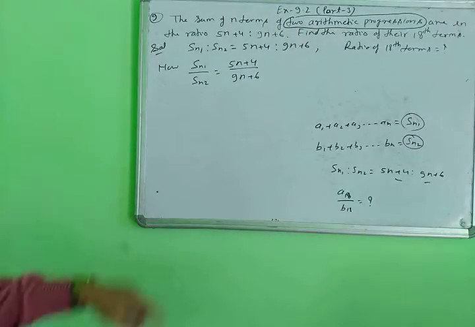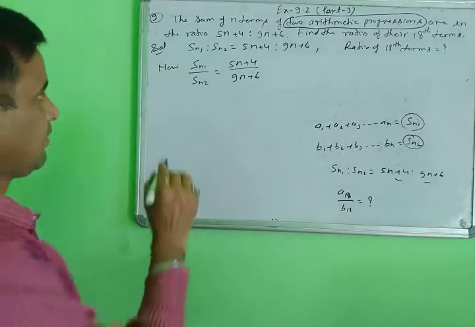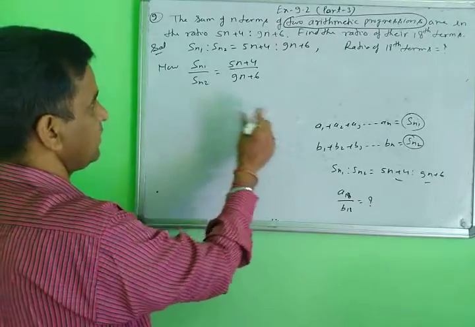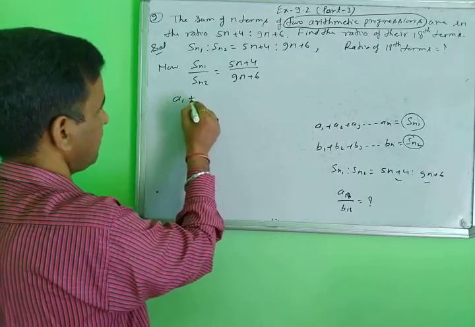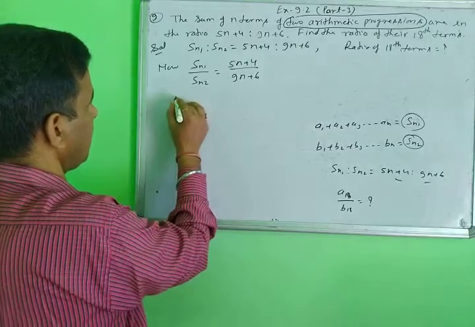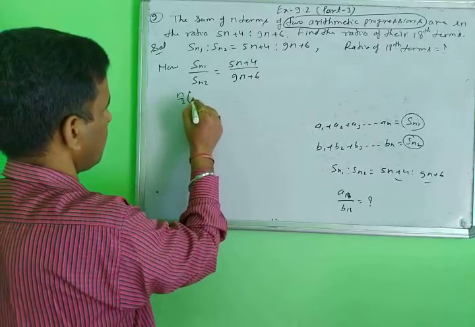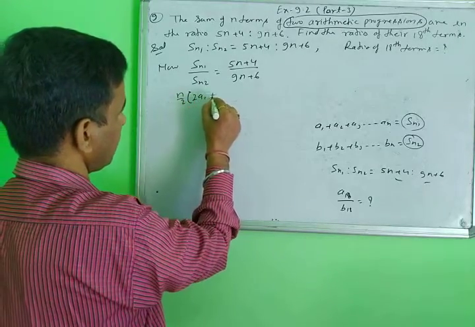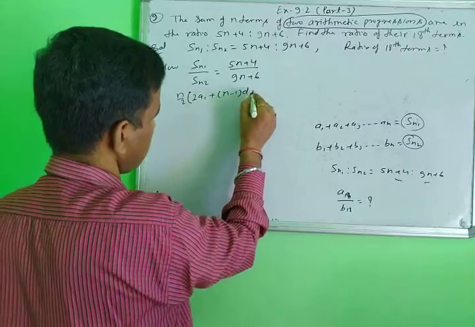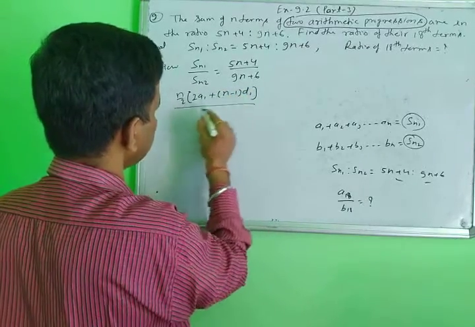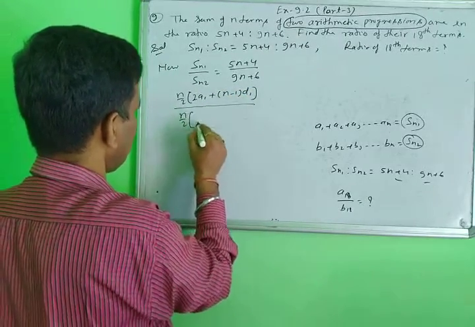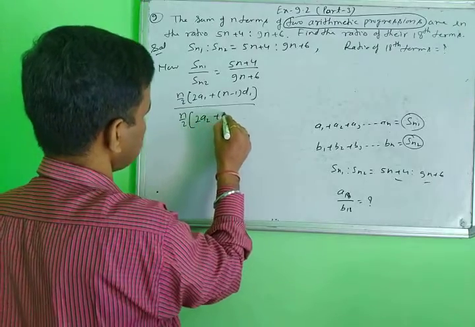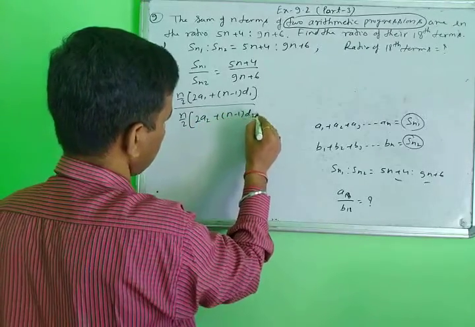According to this, what is the value of Sn? You write the identity. Suppose for this AP, n upon 2 times 2A1 plus n minus 1 D1, and for the second, n upon 2 times 2A2 plus n minus 1 D2.